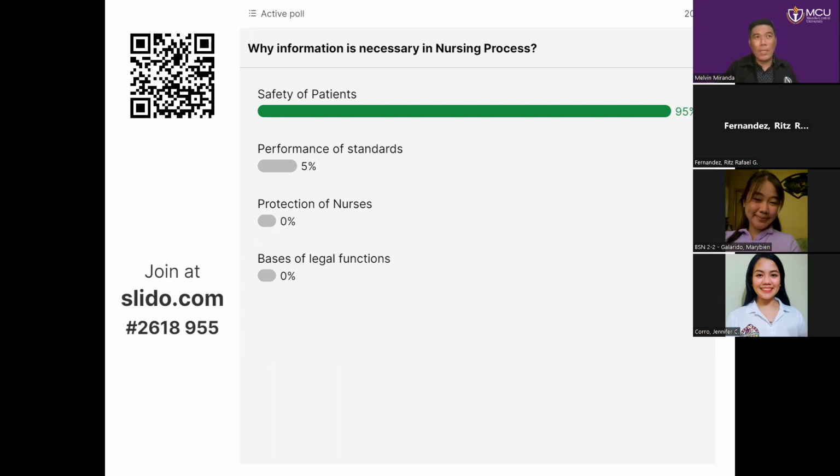Siguro the example with that is when you are doing your patient history, and if the patient did not declare the necessary information, and yun pala you have been diagnosed with an infectious disease or communicable disease already, so that will risk the nurses in those situations. So tama ba, Ritz? Yes po, yun po. Okay, thank you.